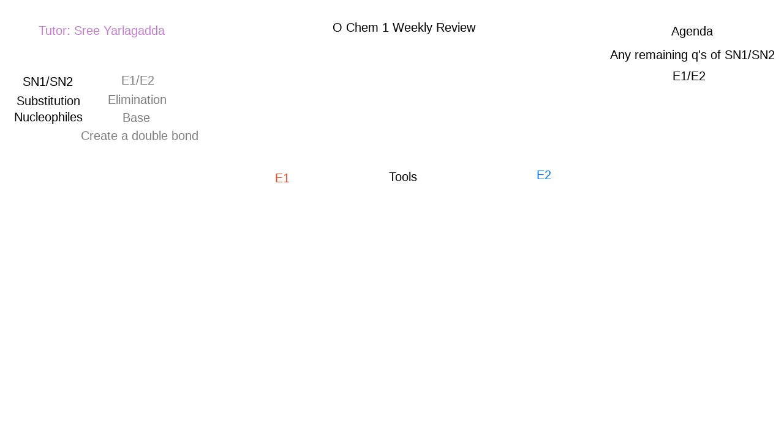All right, so first off, we talked about bases. In SN1, SN2, under our tools, we had nucleophile, right? So now instead of nucleophiles, we're going to have bases. And specifically, we're going to look at two things. We're going to look at strength of the base as well as size of the base.